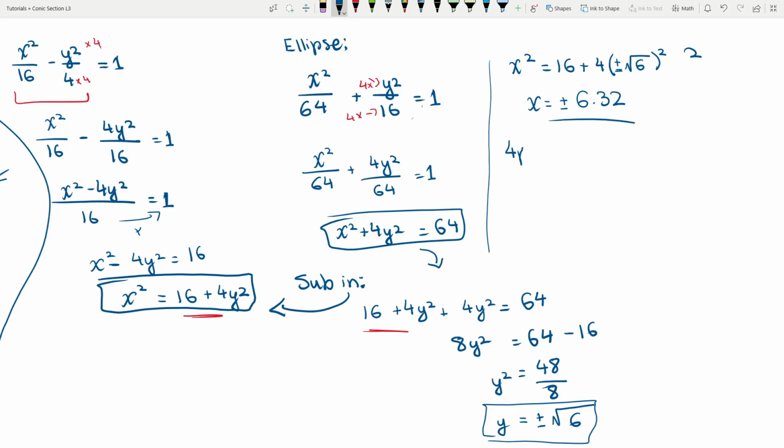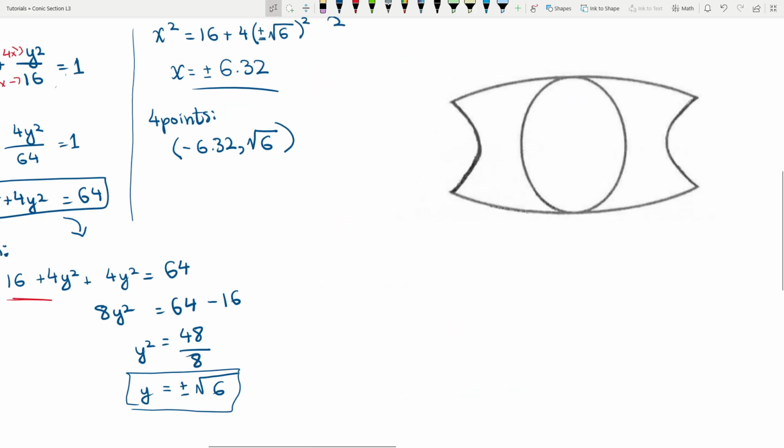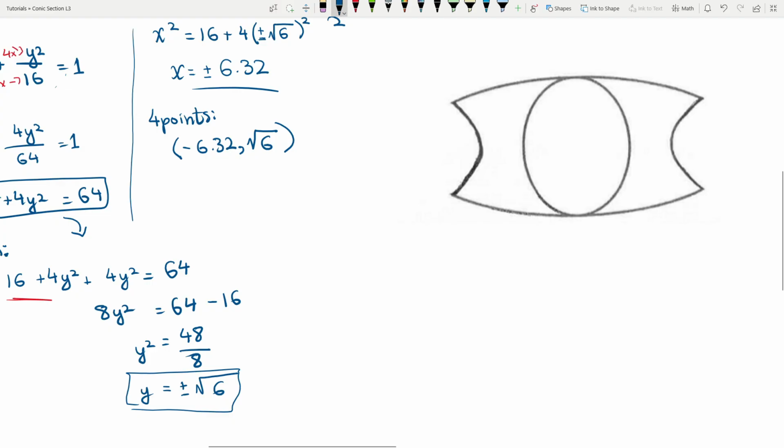Okay, so the 4 points. Now we are making negative 6.32 with positive 6. Actually, wait, let me just get the picture. Okay, so this point is here.